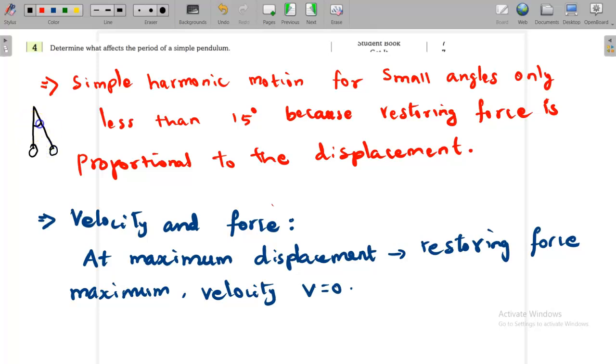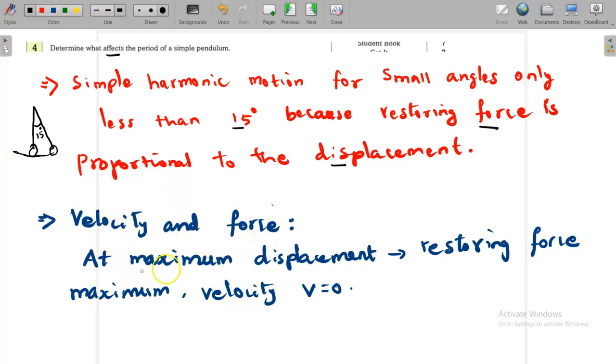You can make a 15-degree displacement and leave it, then it will follow simple harmonic motion. If it is more than 15 degrees, it will not obey simple harmonic motion because the force is no longer proportional to displacement. So if you want to maintain the force proportional to displacement, the angle of displacement must be less than 15 degrees. That will affect the harmonic motion.